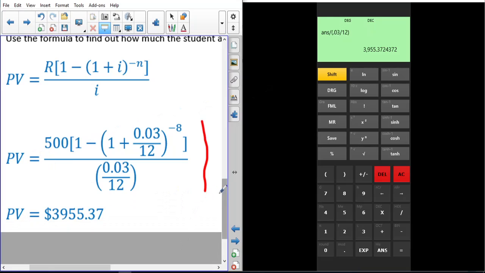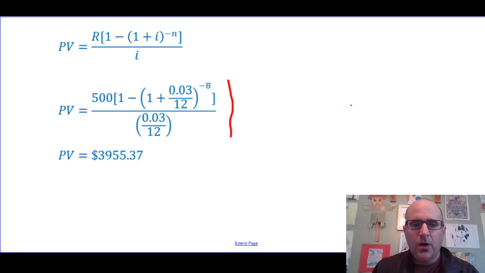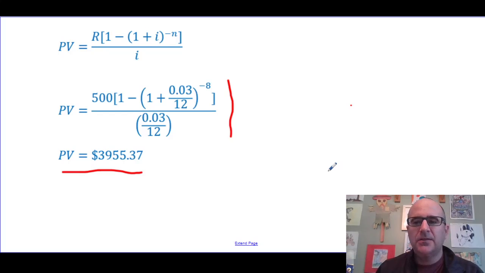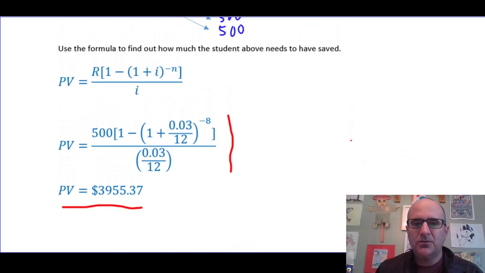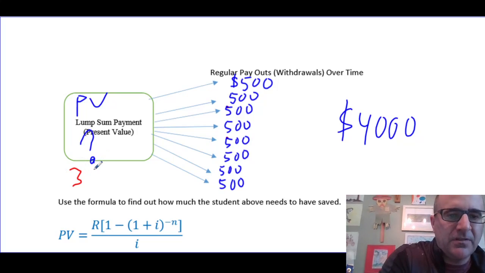So it's important to understand that in this example, we've essentially calculated what the starting amount, or the present value, needs to be for this student so that they can have $500 in their account ready to withdraw every single month. So if we look at the picture again, we basically found out that this magic number here is 3,955.37.